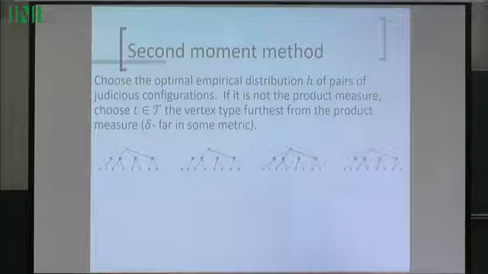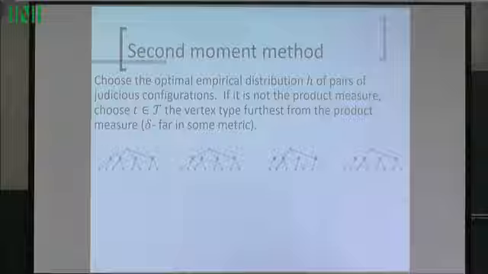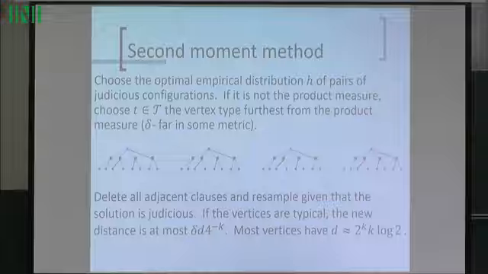So we take all the vertices of type t in the graph, delete all their clauses, and then resample the clauses and the states, conditional on the solution being judicious, and see what distribution we get after that resampling.